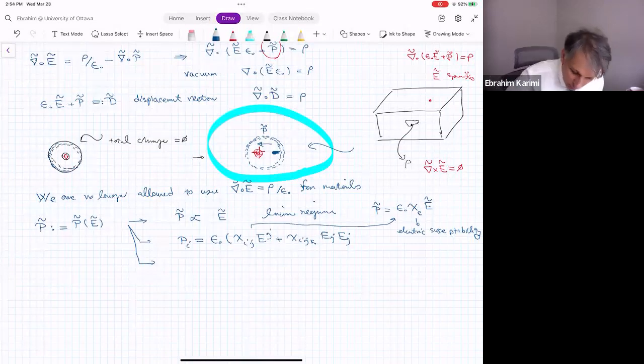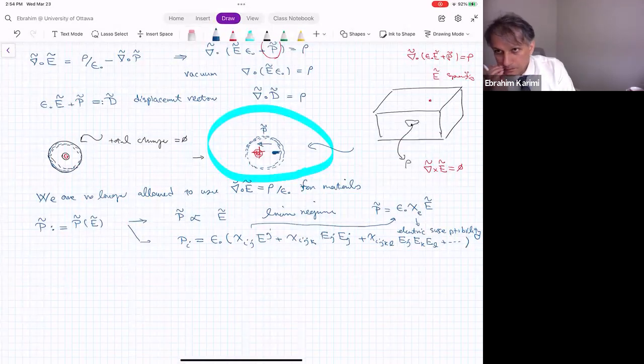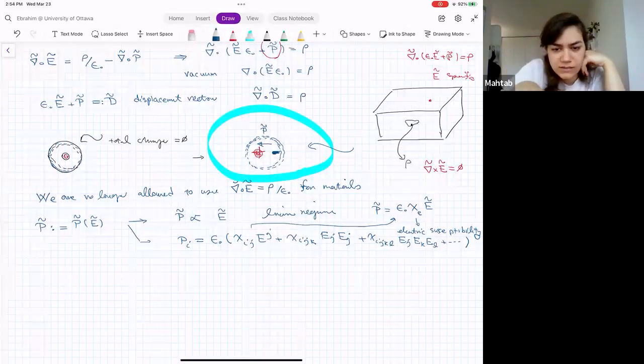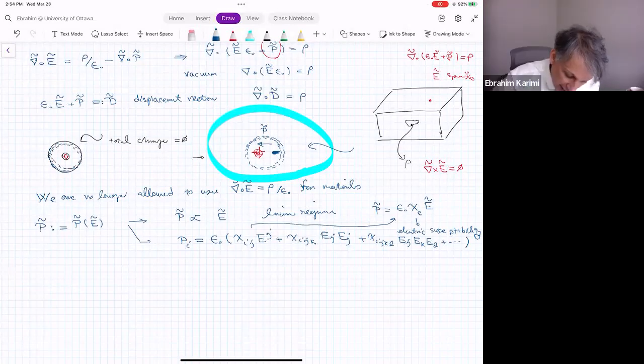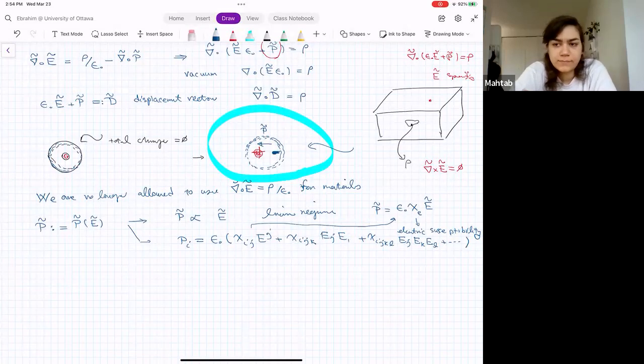So that's the other one, which is chi_ijkl E_j E_k E_l, plus the other terms. Excuse me. In the second term, it's E_j E_k, right? Yes, thank you very much. Yes, indeed. E_j, E_k. Thank you.